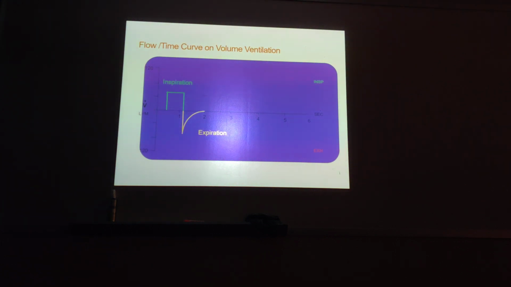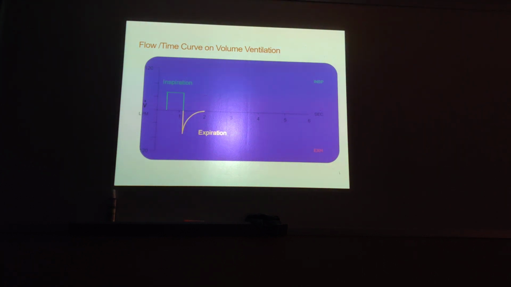Now if you're on volume control, you will see something like this. Whatever you set is going to be constant. On a volume control mode, you are setting your flow, therefore the flow will be the same from beginning to end. That's a limiting value, a variable that doesn't change from the beginning of inspiration to the end of inspiration.